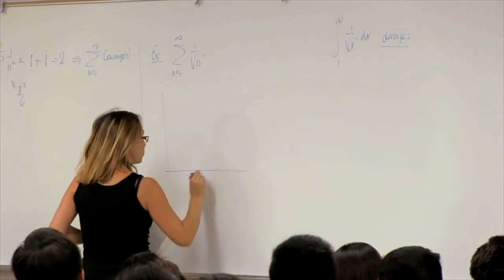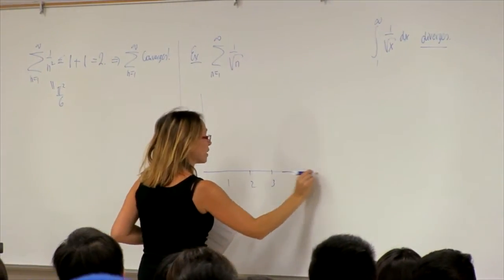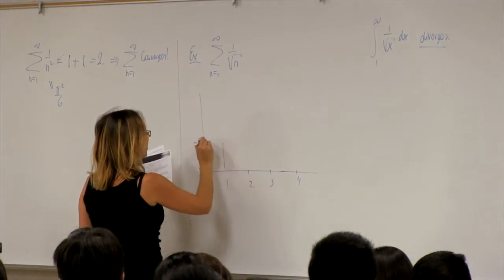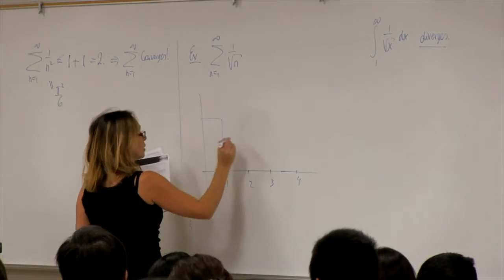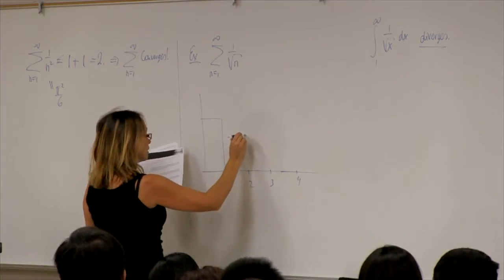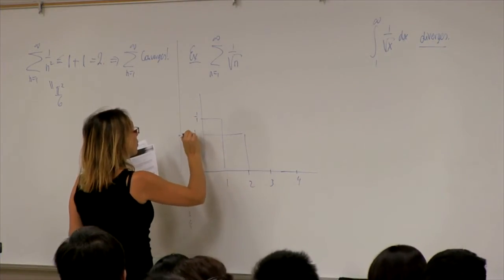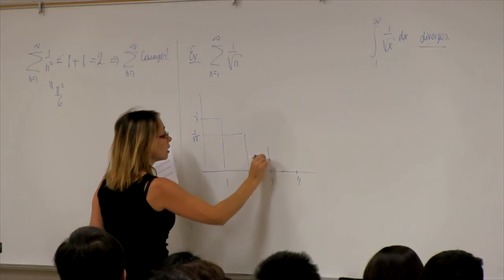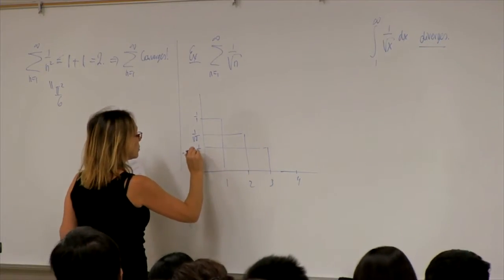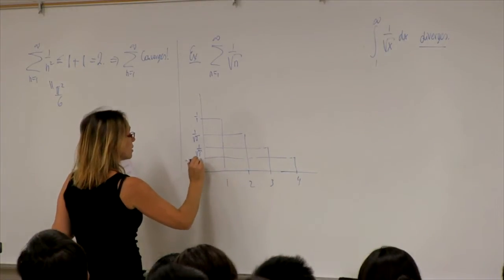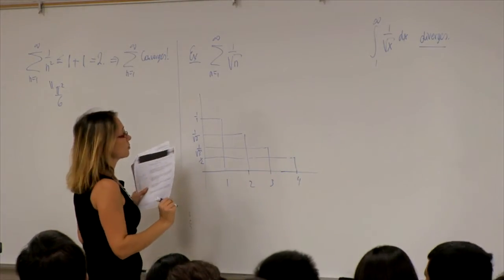So we go again 1, and it's possible to do. How do I arrange it? So this is 1 over square root of 1. This is 1 divided by square root of 2. 1 over square root of 2. 1 over square root of 3. These are the members, the terms of my sequence.